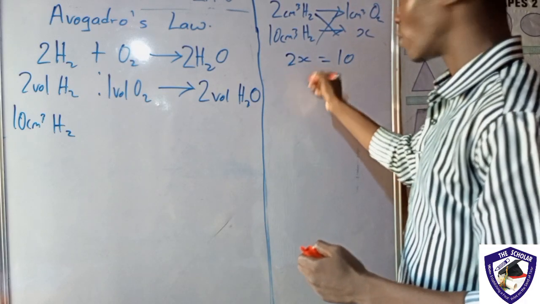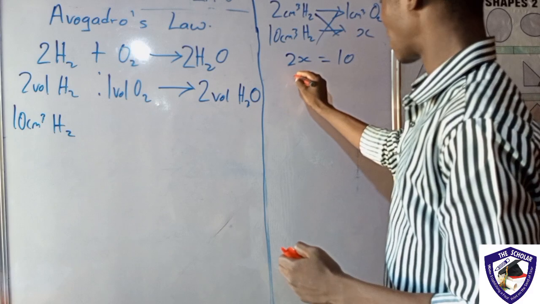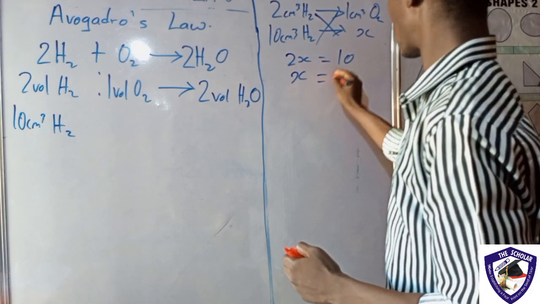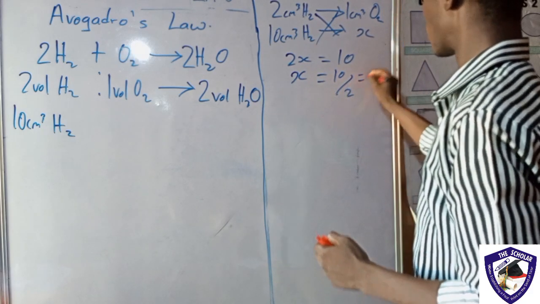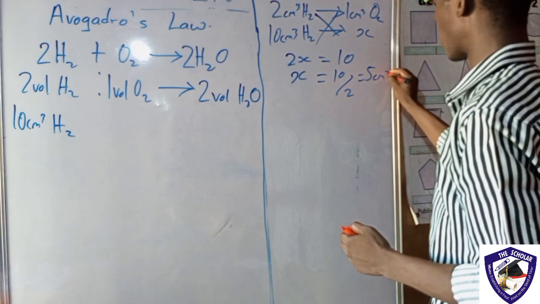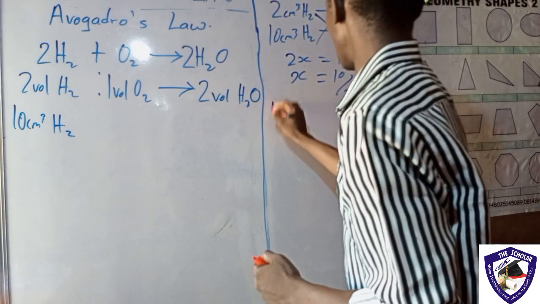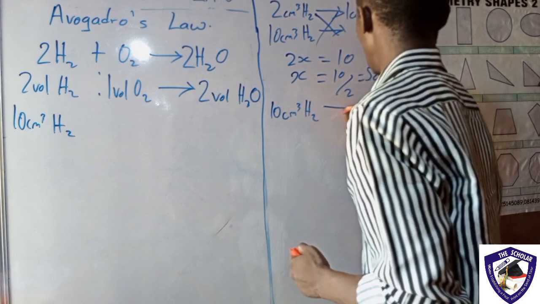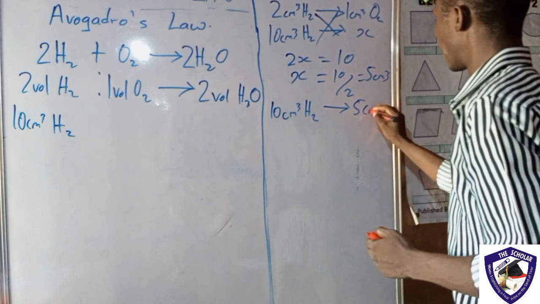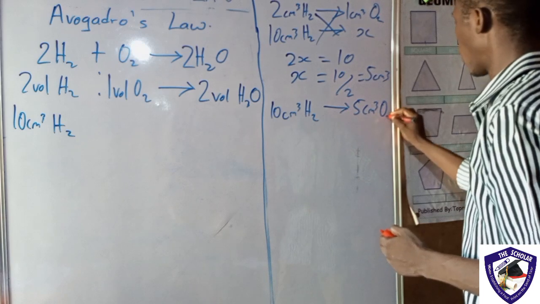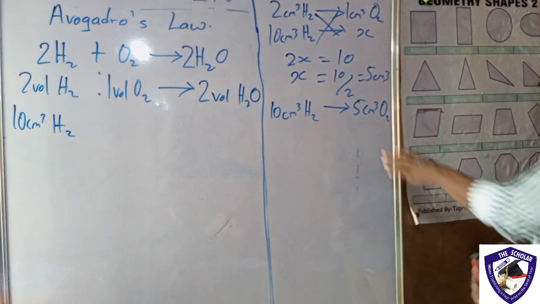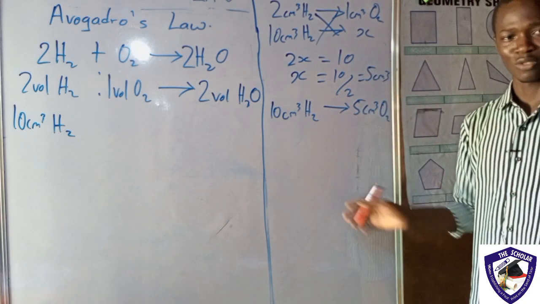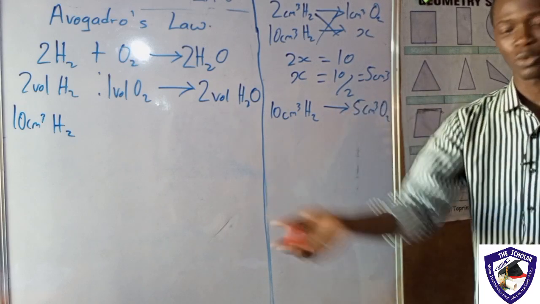Then divide both sides by the coefficient of X, 2. X equals 10 over 2, which is equal to 5 centimeter cube. So 10 centimeter cube of hydrogen reacts with 5 centimeter cube of oxygen. This is the answer to the first question. We move to the next question.